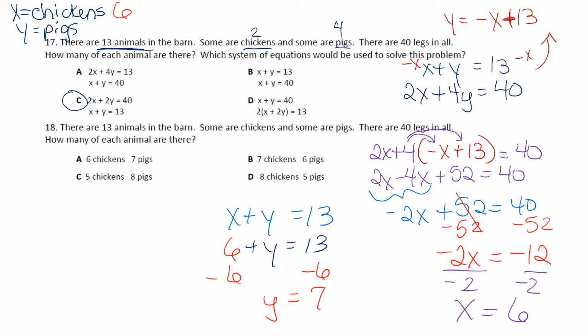So that leaves me as my answer being 6 chickens. Yep, should be A. You have to be really, really careful because these numbers look the same too when you just glance at them, but this says 7 chickens, letter B, and 6 pigs. So you got to make sure you're reading and you've labeled your variables. Very important.